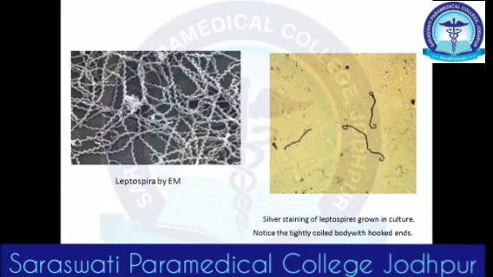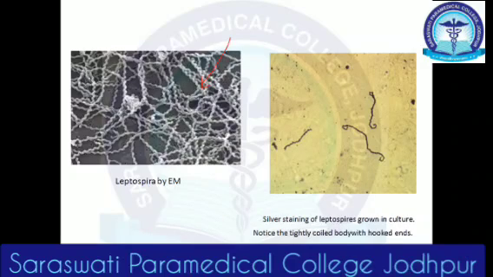Now, if we look at the structure of this leptospira in the electron micrograph, we can see the structural detail. This is the 3D structure of the leptospira. We look at it using silver staining, because we cannot see them using normal staining.